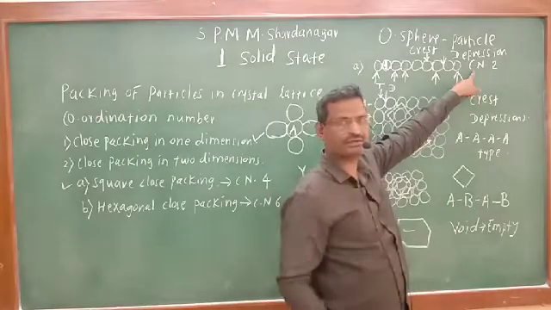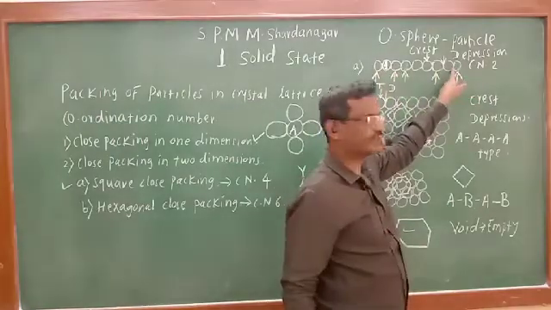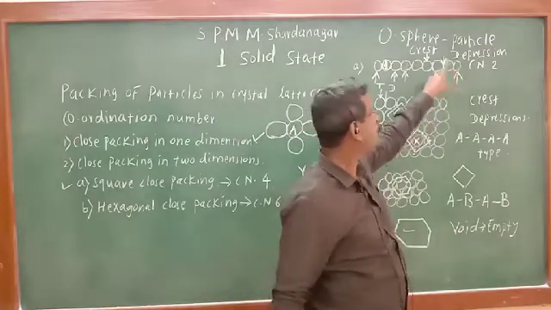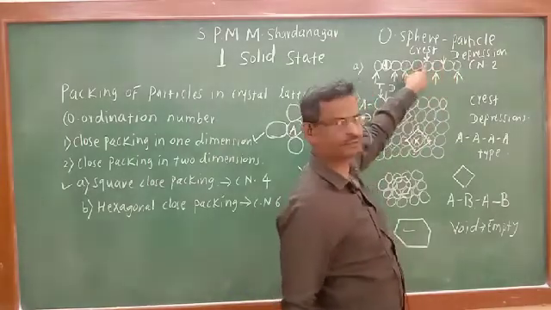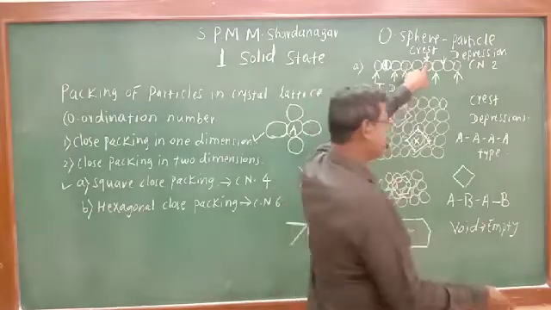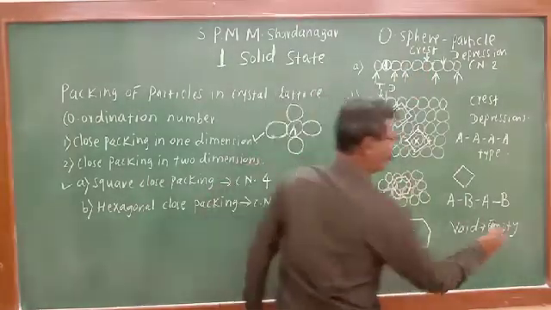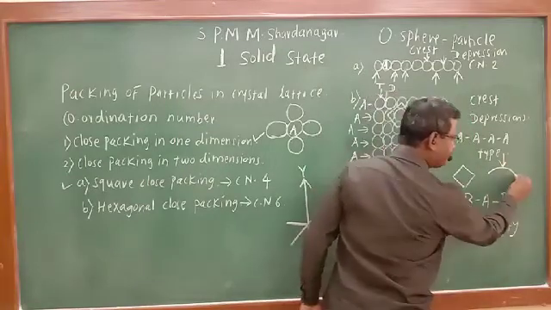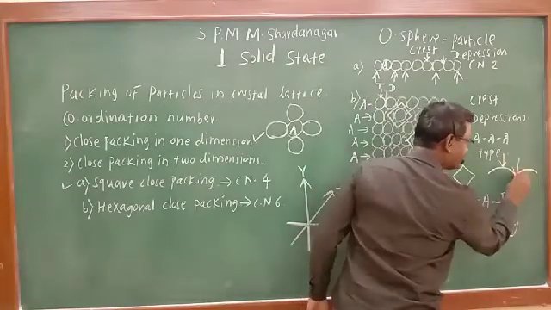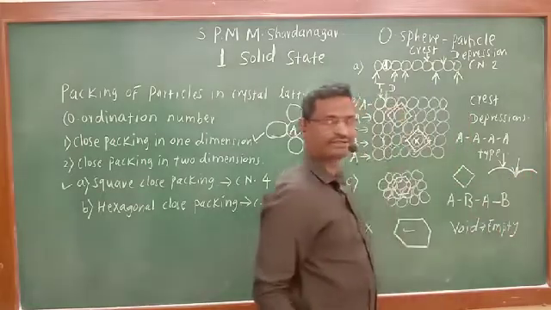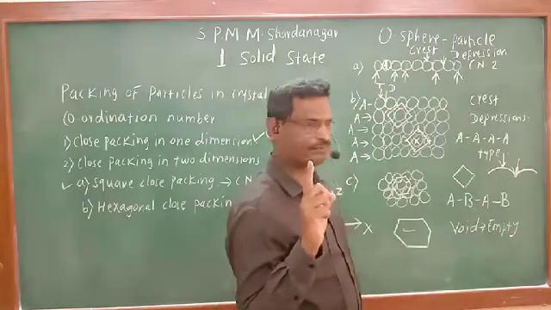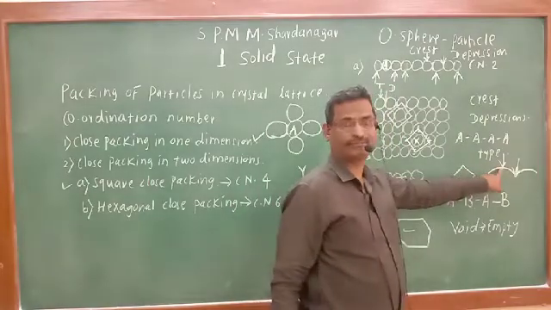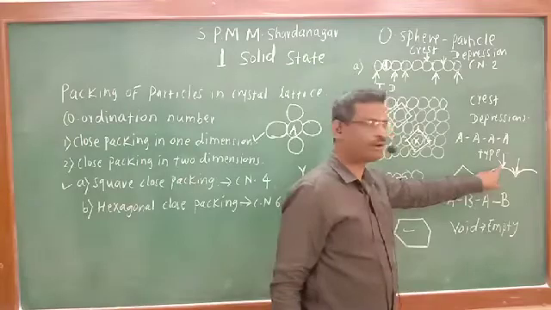For this type of structure, there are 2 important things I am explaining: depression and crest. What is a crest? A crest is like this. This part is a crest. And what is a depression? A depression is this part. You got the difference between crest and depression. A crest is this part of the sphere, the upper part of the sphere.